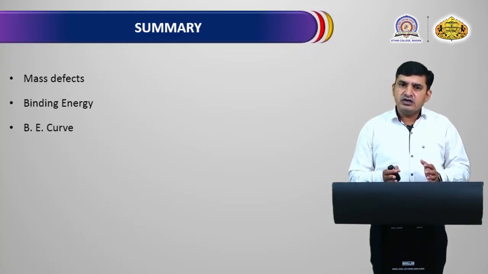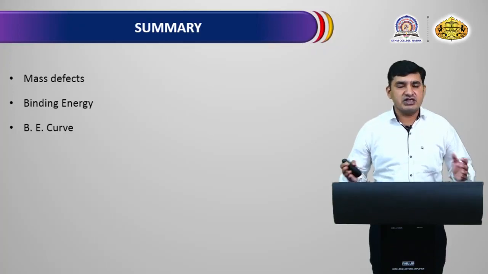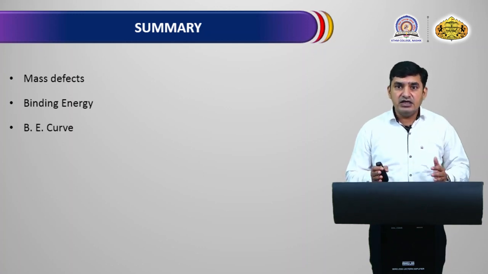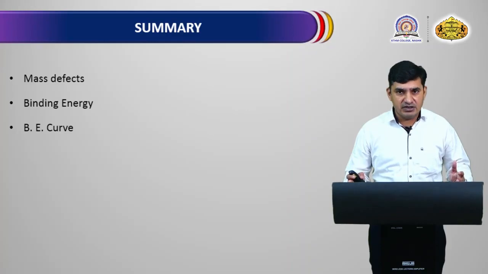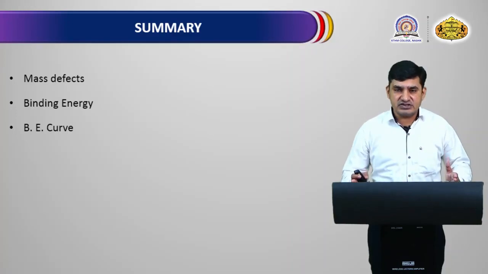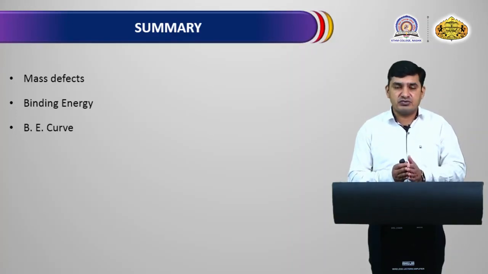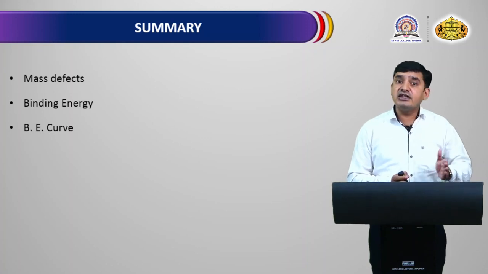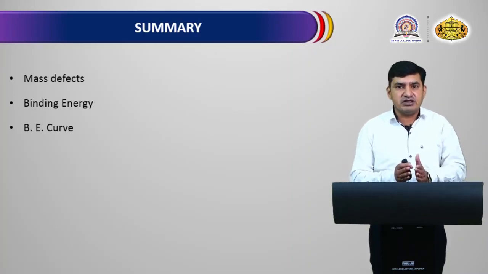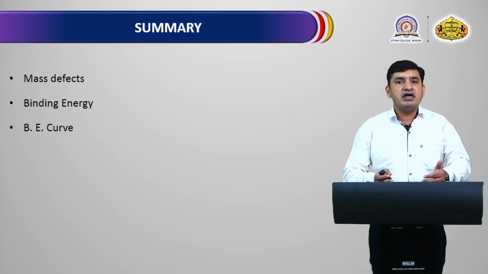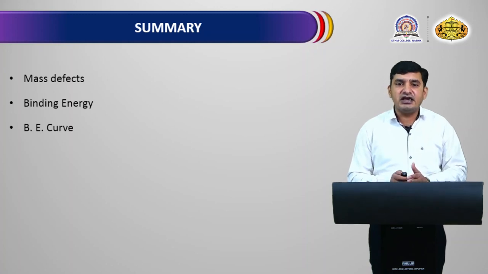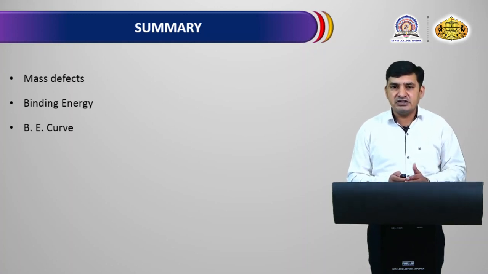Here the heavier nuclei are unstable, so the heavier nuclei break into fission fragments or lighter nuclei, and a large amount of energy is released, and the process is nuclear fission. The lighter nuclei are also unstable, and therefore when the lighter nuclei are fused together, we get heavier nuclei and a large amount of energy is released. So this is related to the binding energy curve.